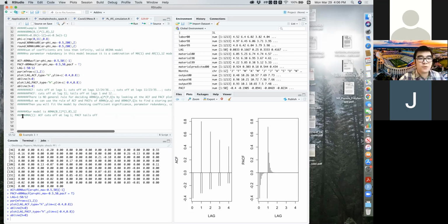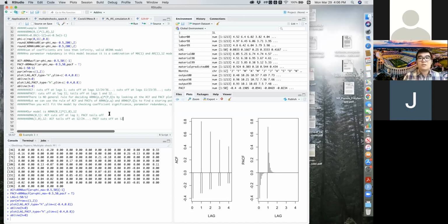That's the pure MA. Let me write this. And for the pure seasonal ARMA (1,0,1)12 model, the ACF tails off at 12, 24, etc., and the PACF cuts off at 12.